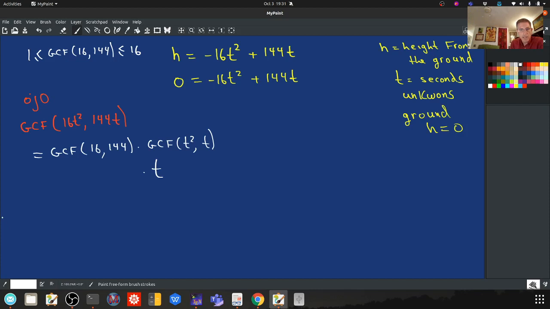So we can go ahead and factor. 16 is equal to, divide it by 2, and we get 8, not 4. I'm making my factor tree.